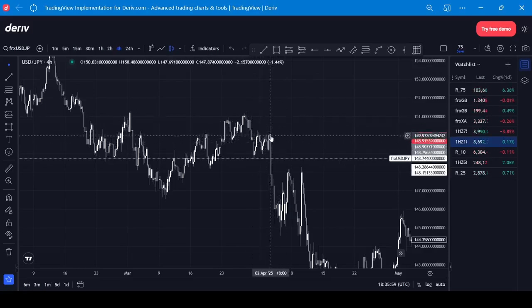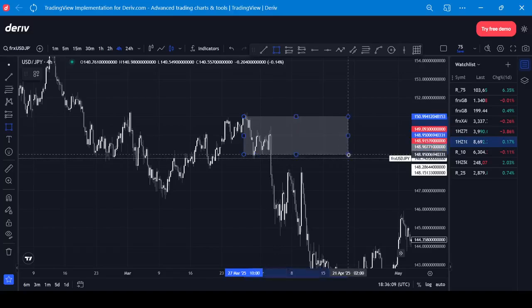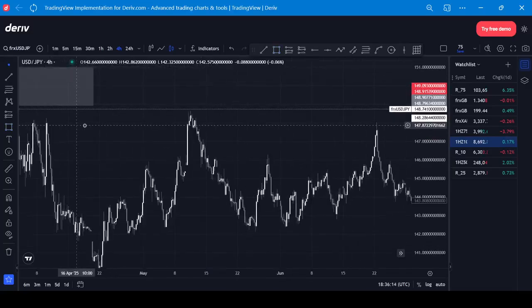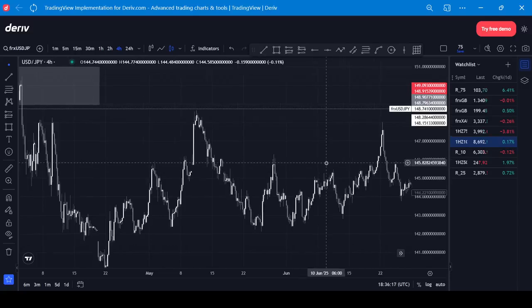So look at this level, price went down impulsively. This price action is telling us that this level is a place of supply. And what of demand? Demand is where you see price impulsively move up. They are everywhere in the chart.